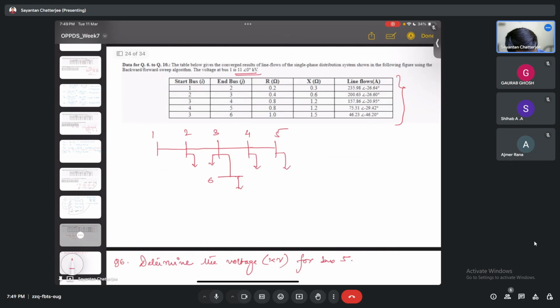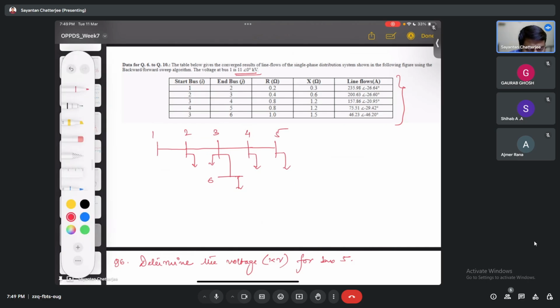Determine the voltage in kV for bus 5. So how to compute the voltage for bus 5? Just say it in the mathematical equation form and we can finally get the values.